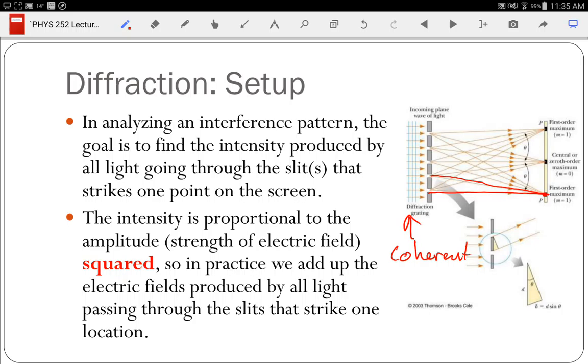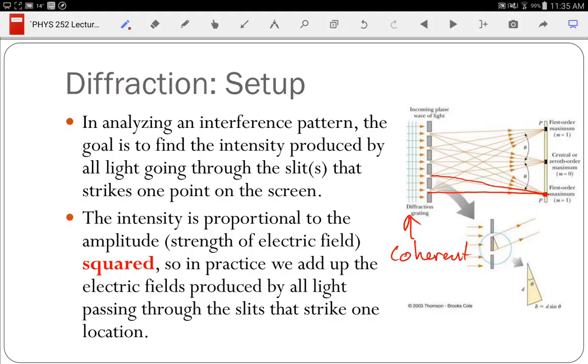And if you have a different distance, that means it's going to take a different time for the light to get there. And if it takes a different time, that means they're no longer going to be in phase. Their phase is going to vary based on the difference in the distance. And it's that variation in phase that is the key to understanding how diffraction works.